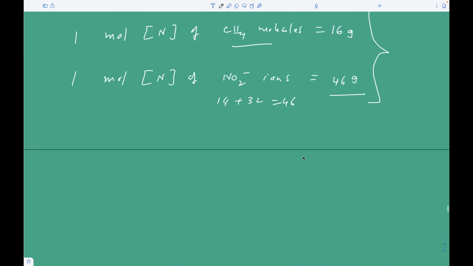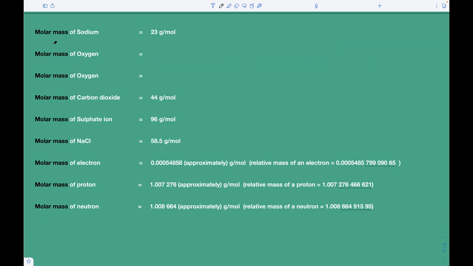Now let us consolidate our understanding of molar mass with some examples. Now what is the molar mass of sodium? Sodium is always composed of sodium atoms, so we are asking for the molar mass of sodium atoms, that is mass per 1 mole of sodium atoms or an Avogadro's number of sodium atoms.